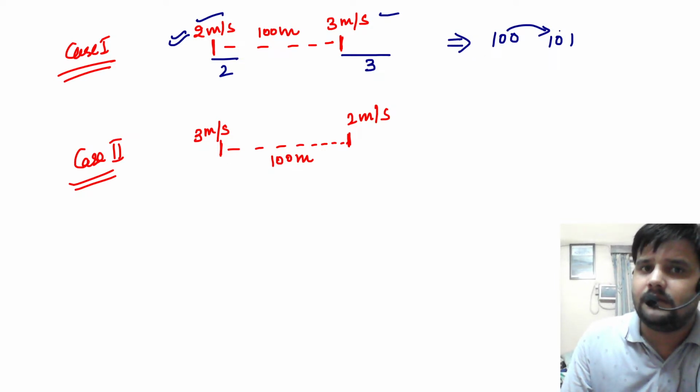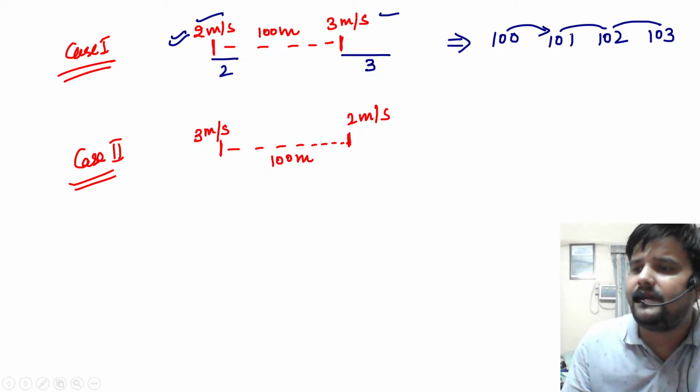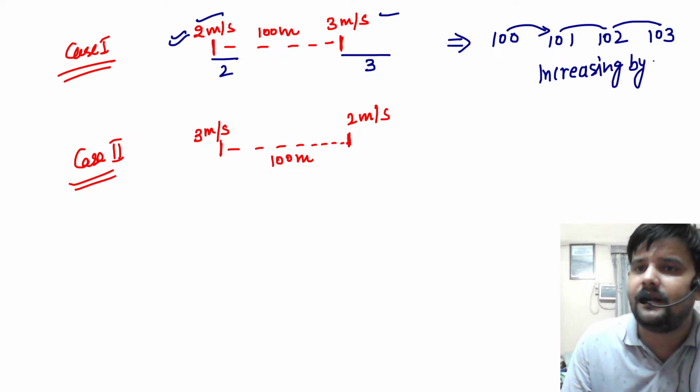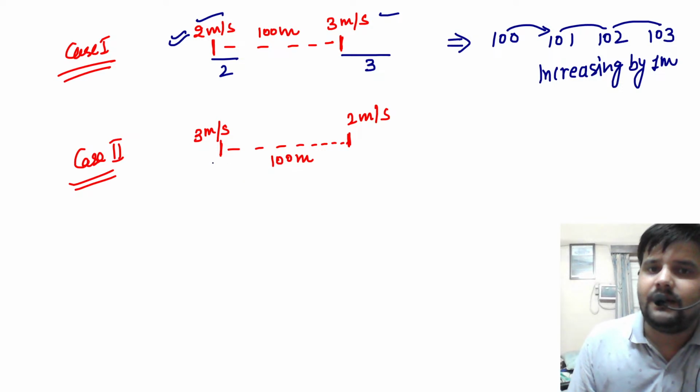After 2 seconds, it will become 102. Just like that, it will become 103. After every second, this is increasing by 1 meter. Now let's come to the second case.